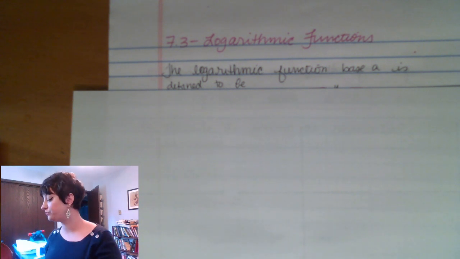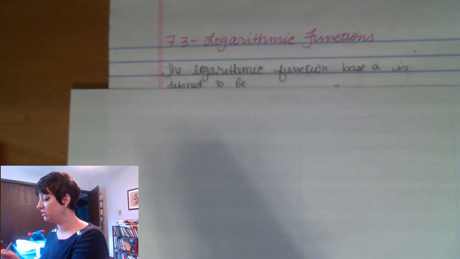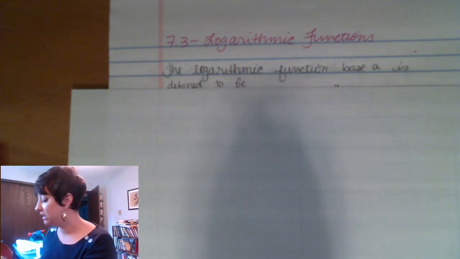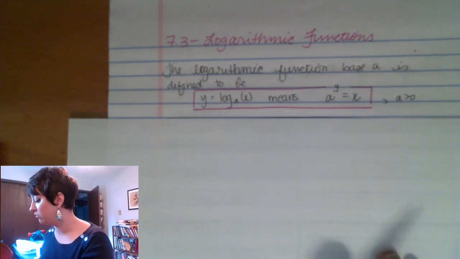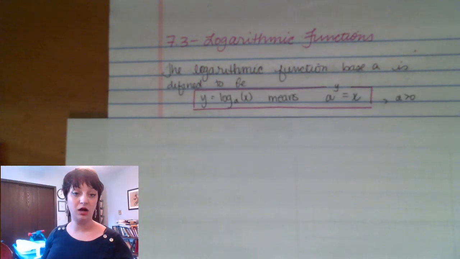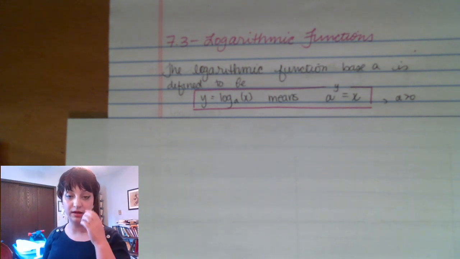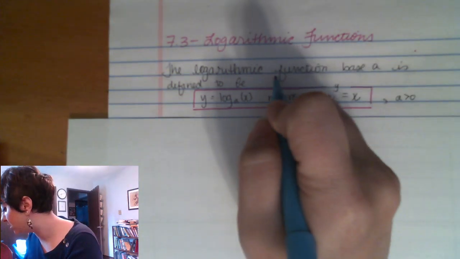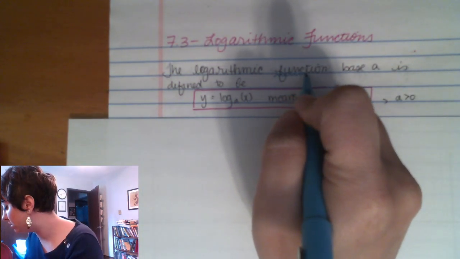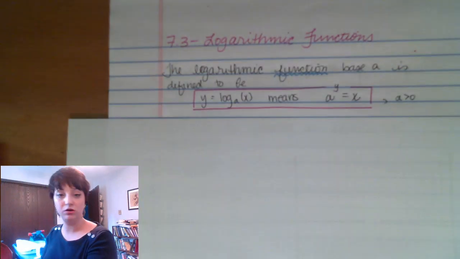So the logarithmic function base a is defined to be what? This. y equals log base a of x means a to the y equals x, provided a is positive. First I want to underline the word function.